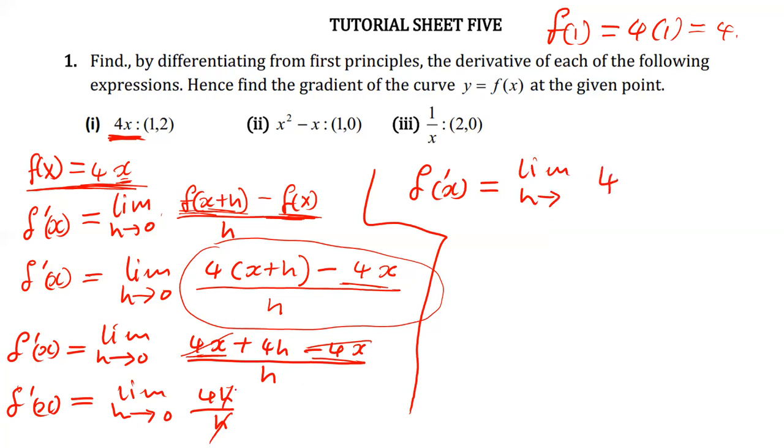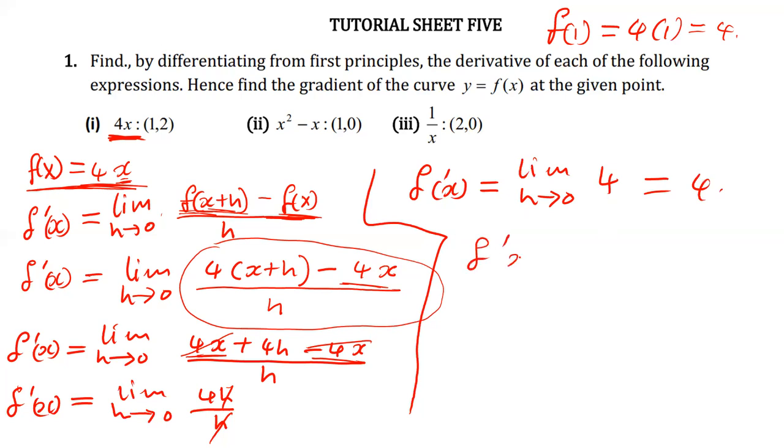We're just going to remain with 4 here. So the limit of any constant when h or any variable is approaching any number is simply equal to that same constant. So in this case, the limit of 4 as h approaches 0 is simply going to give us 4.